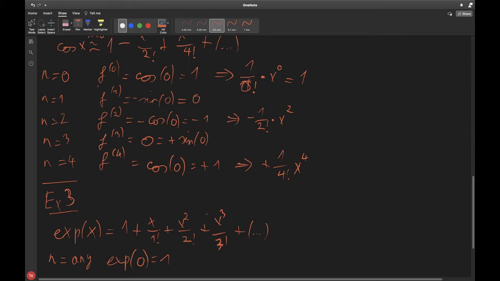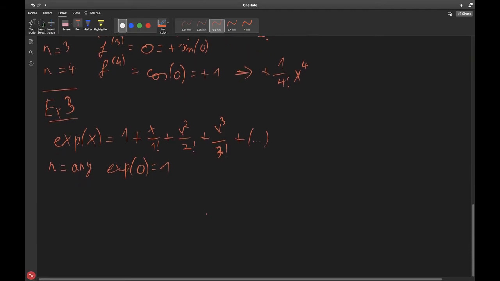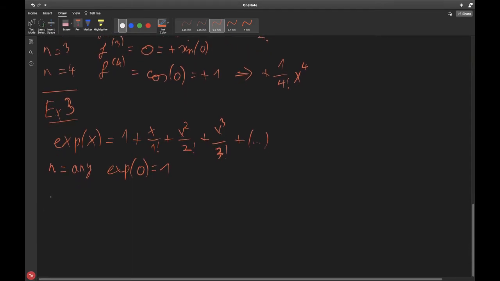So we discussed last time, a reminder, that the Euler identity says that e to the i times some angle is the same as cosine of the angle plus i times sine of that angle.